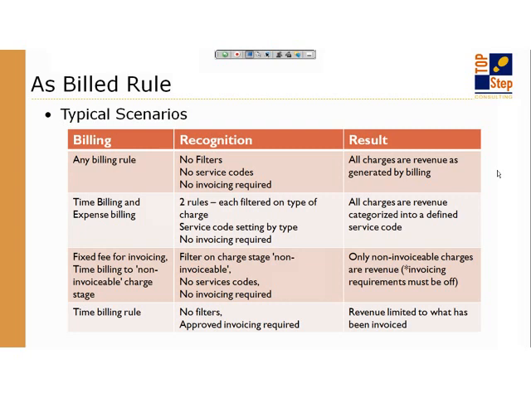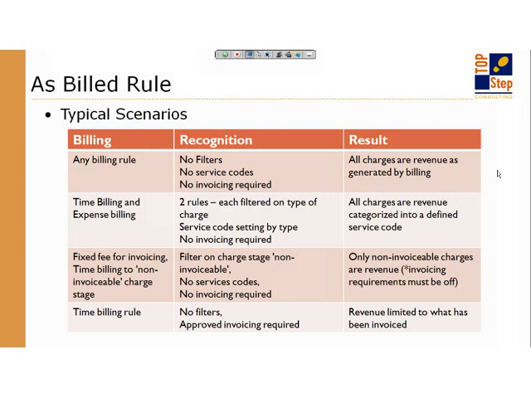So in this case, you actually set up two as-billed rules, but one rule is only looking at expense type charges, so you filter out everything else, and the other rule is only looking at fees or time type charges. And in each of those, you actually set or hard code the service code on those rules. And in this case, I'm saying that invoicing isn't required. So as the revenue recognition is coming in, it's categorizing the revenue according to the rule setup.